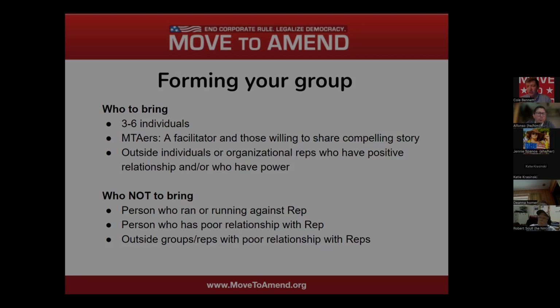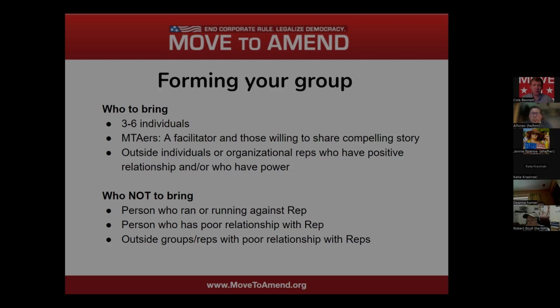Who not to bring to a meeting might be a little bit self-explanatory, but anyone that might potentially hurt your chances of getting that congressperson signed on. Congresspeople are very fickle, I've found. You don't want to have a situation where it could be someone that's running against the representative, that has a poor relationship with them, or a group that has a poor relationship with them.